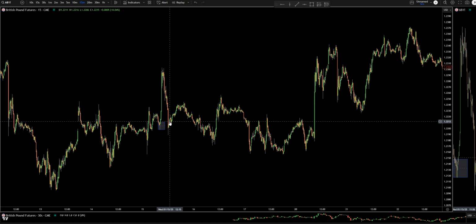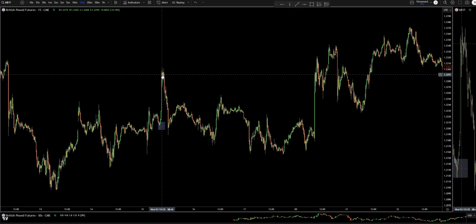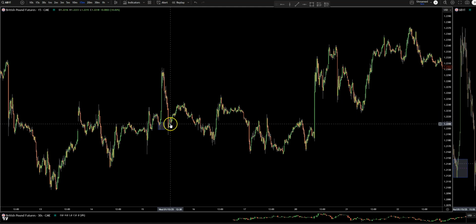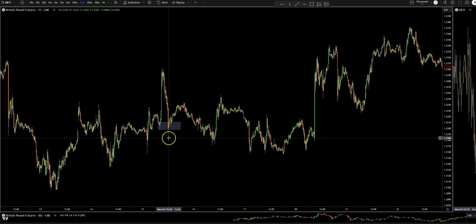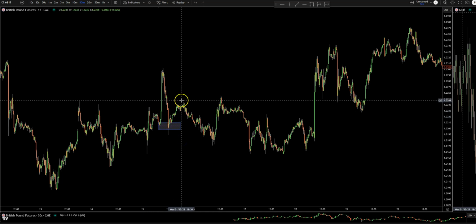Okay, so they bought. Finally, enough sellers stepped in to fill all of their buys, and price started to come back down. Now, I know this isn't a textbook example, but it comes right back into the zone and then rejects again. Okay?